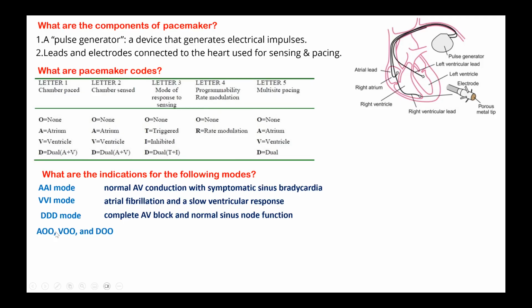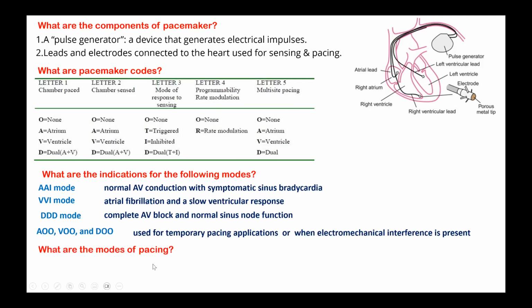It is the asynchronous mode. It is used mainly for temporary pacing application, or when electromagnetic interference is present. The other name for AOO, VOO or DOO is the asynchronous mode.